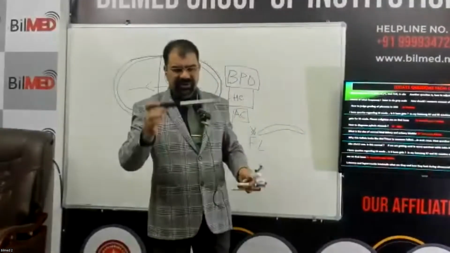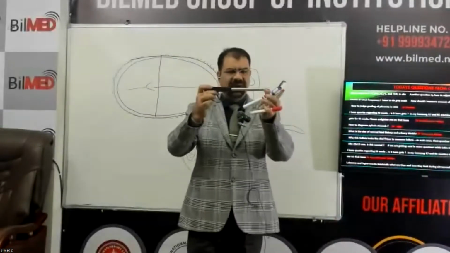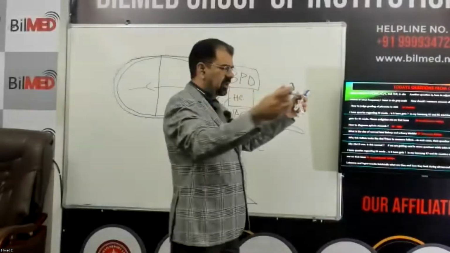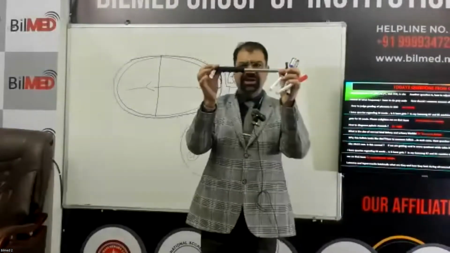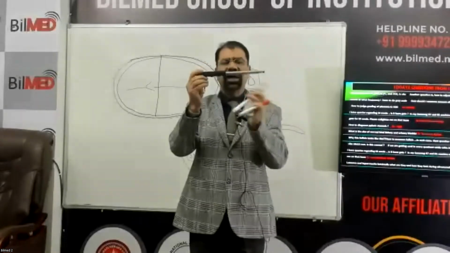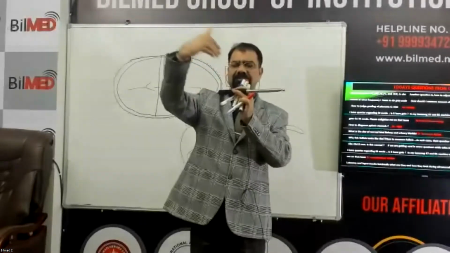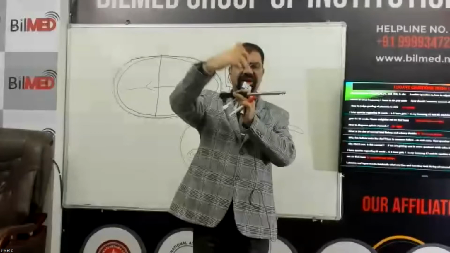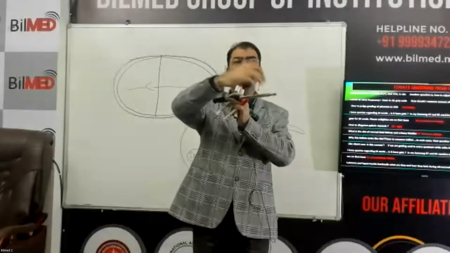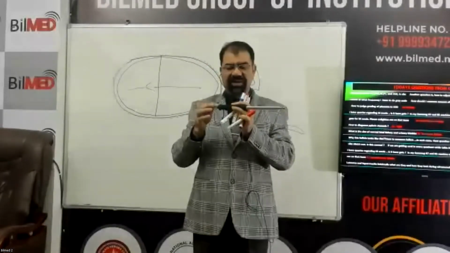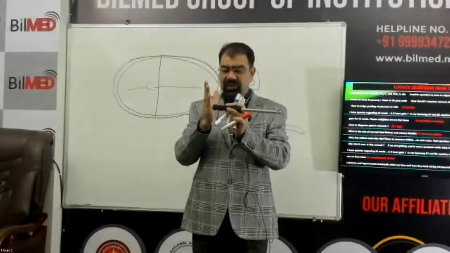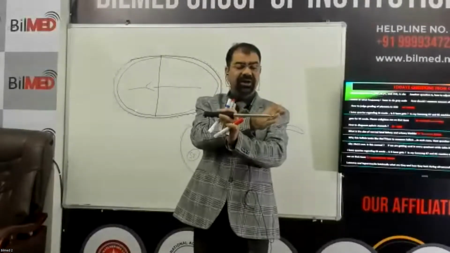Now in femur length, there is a catch. For example, this is the femur over here. Now see, try to understand. If this femur is 90 degrees with respect to the beam, I will see this much of length from here to here.